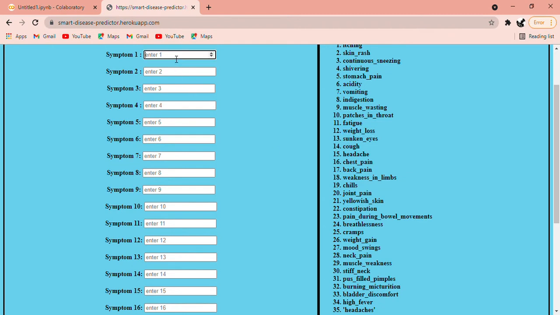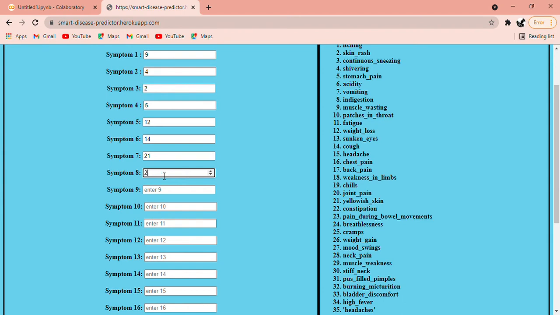So I will try and put those in our form right here. I'll just be putting the values that actually contradict each other, and then we see what we have in the end. Say 14, which is cough. Let's say 21, which is yellowish skin.